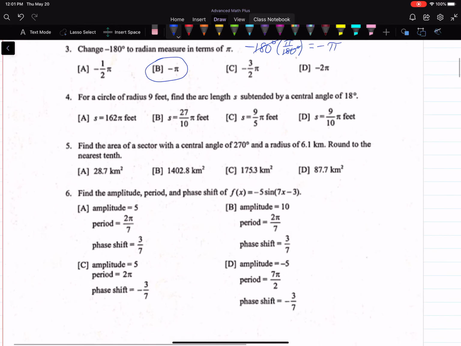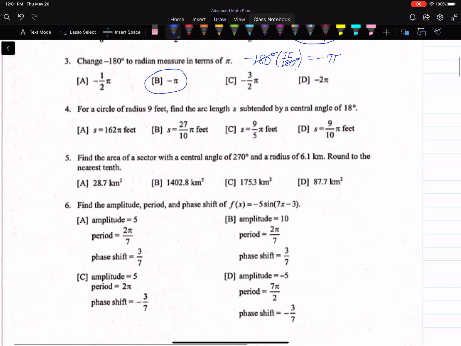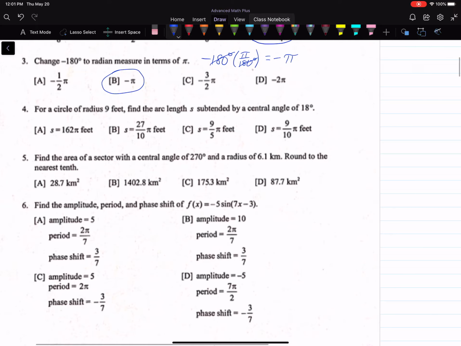Number four. For a circle of radius 9 feet, find the arc length S subtended by a central angle of 18 degrees. So this is not hard, but you do have to know the formula. To find the arc length S, it is equal to R times theta, and theta has to be in radians.